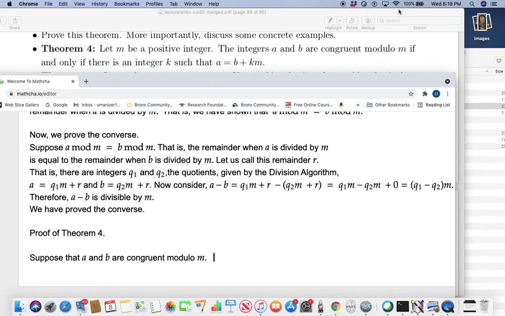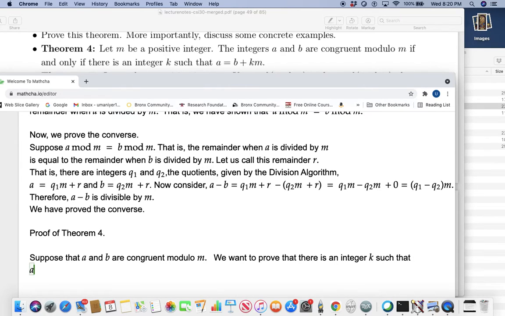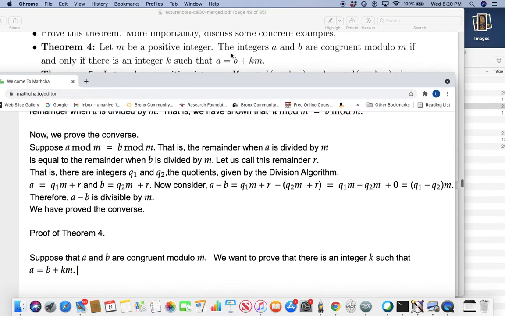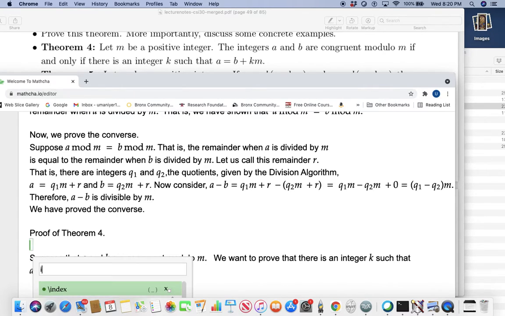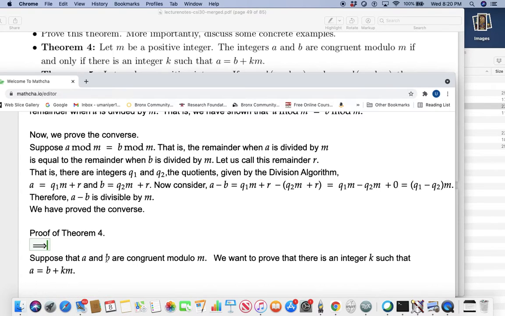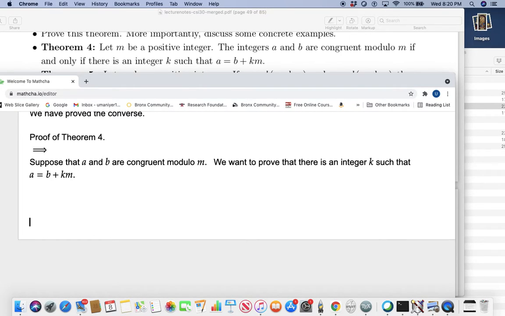Assume that, and now we want to prove the proposition: there is an integer k such that a equals b plus km. All right. So that's one-way direction. We will prove the reverse later. So let's worry about this direction.